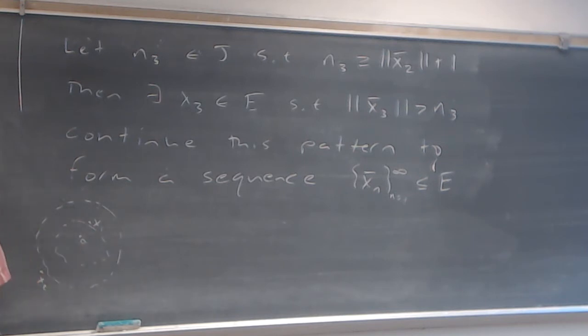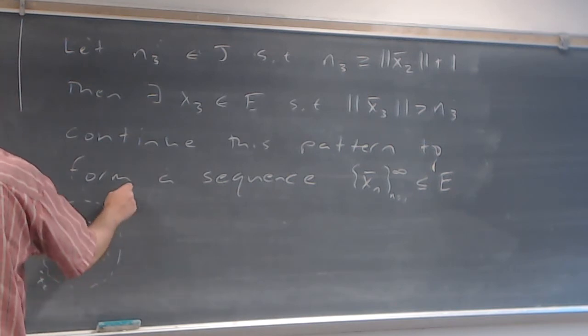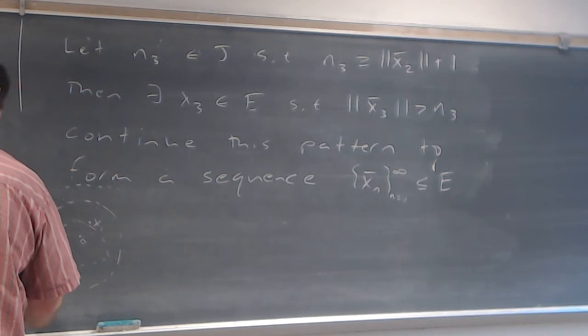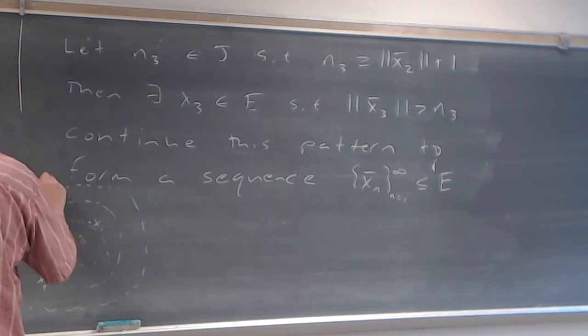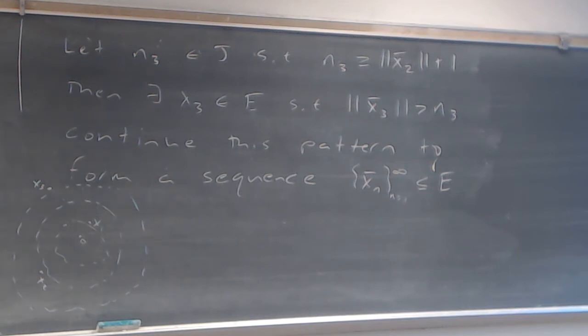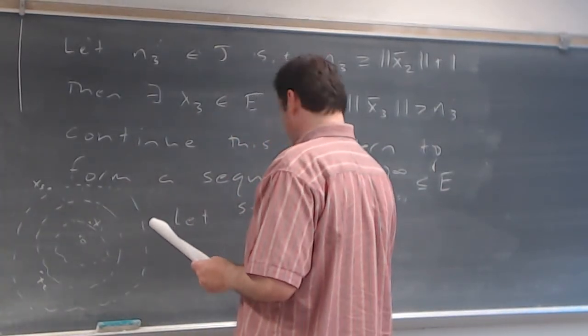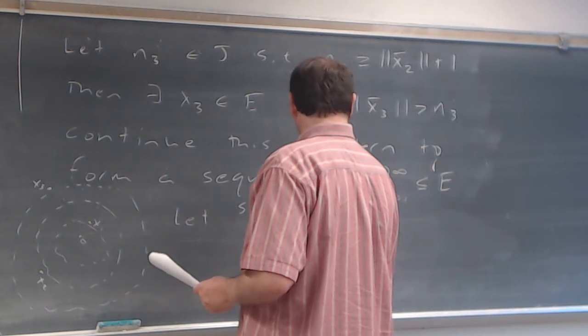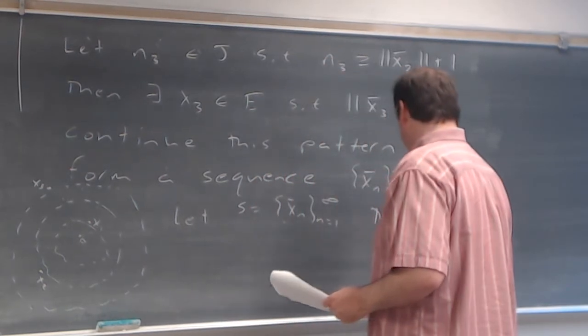And then x sub 3 is going to be at least 1 more unit away from 0 than that. Maybe it's over here. So that's how we're forming the sequence. If we let S be equal to this sequence, then S is infinite.